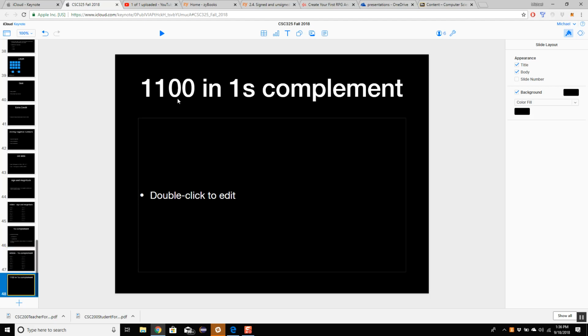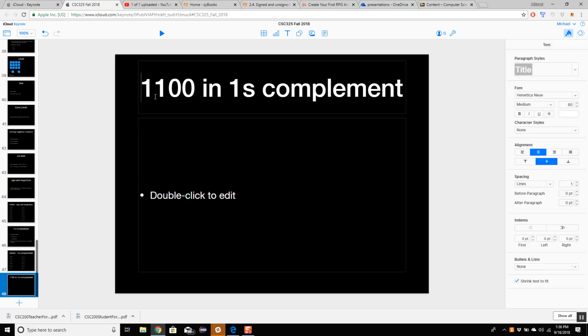All right, so if I say this guy's in ones complement form, you're going to say, oh, okay, is it a positive number or a negative number? Negative number, how do you know? It starts with a 1 over here. Therefore, what do you need to do? You need to flip all the bits. So this is actually 0, 0, 1, 1. And that is the value 3.